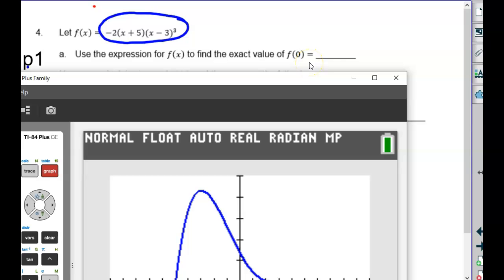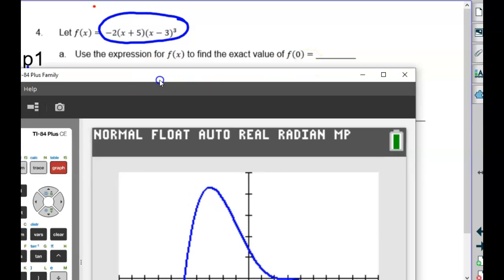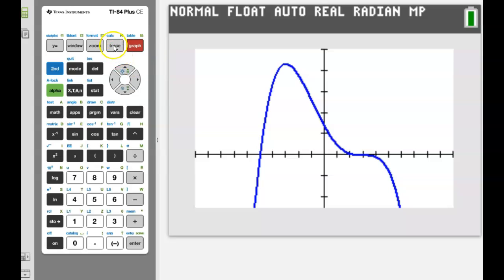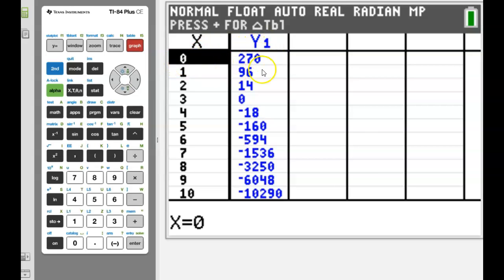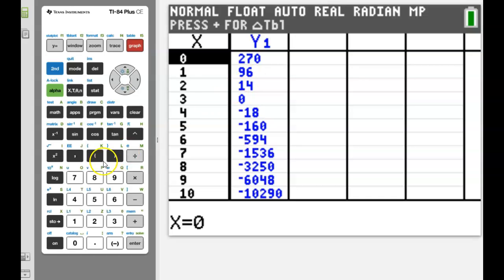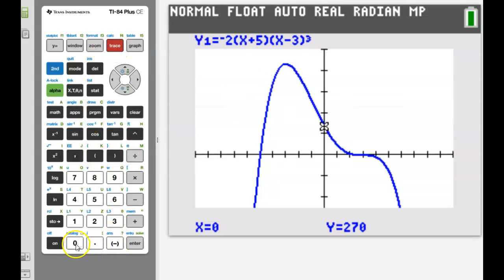I could have done it by hand, but now that I have it typed in, I can just do what? I could do ask auto and put in a 0. I could, I have my table on. I get 270. I could certainly just do trace 0 and I get 270.